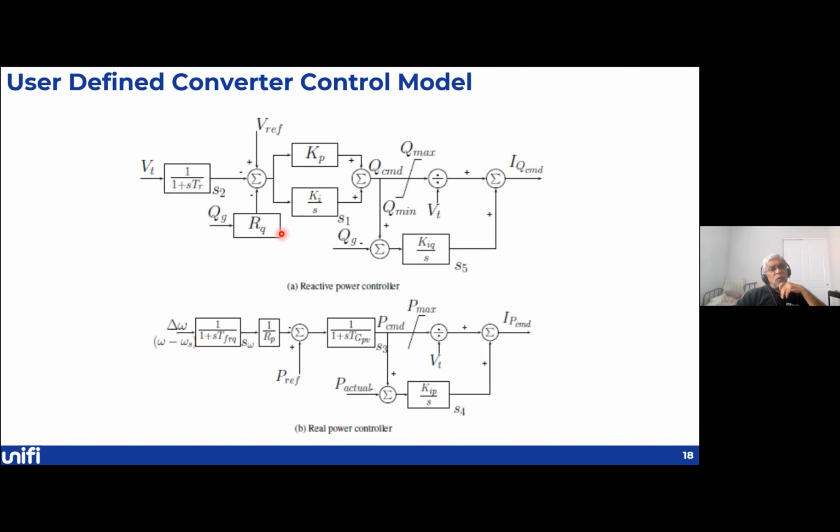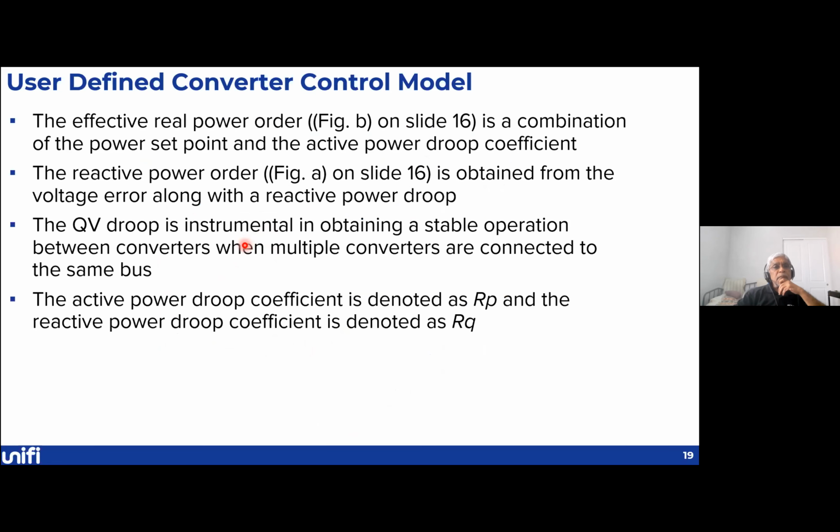And this one we chose appropriately so that if there are multiple inverters interconnecting to the network at a given bus, they would then appropriately share in the reactive power control and not fight against each other. So that was the idea of introducing these two droops.